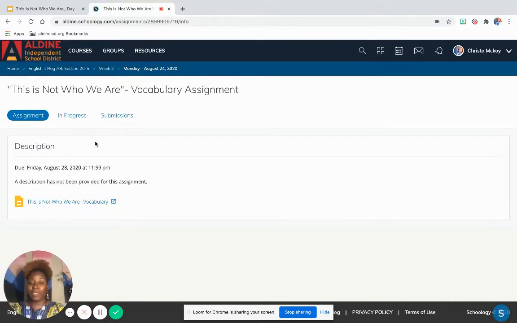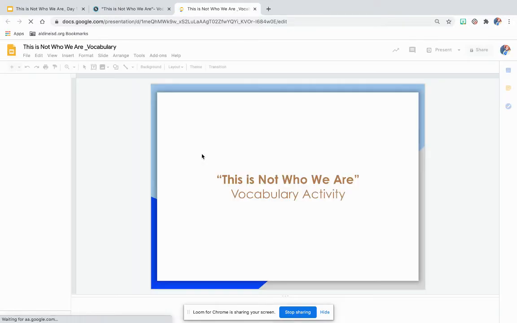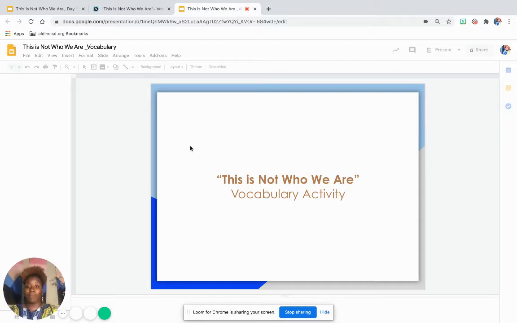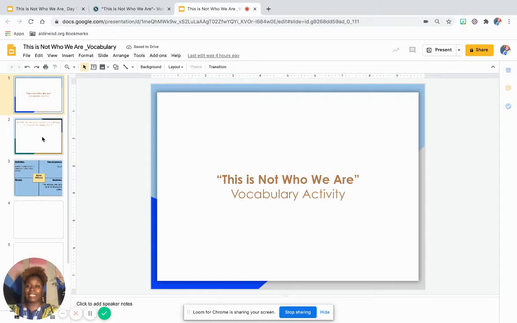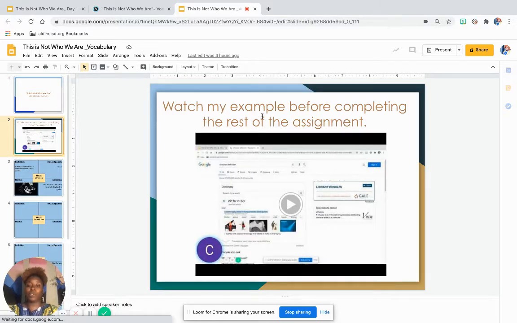It's probably going to be up here. It's going to say my document. I'm going to open it from here, and this is what pops up. And the very second slide tells you to watch my example before completing the rest of the assignment.